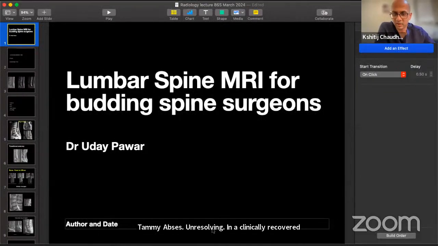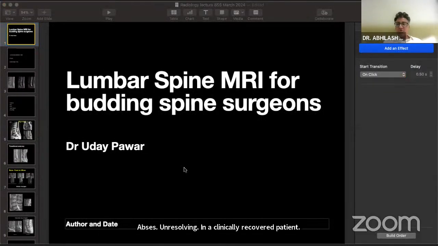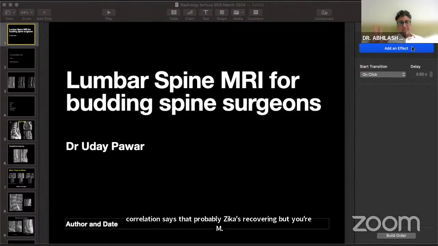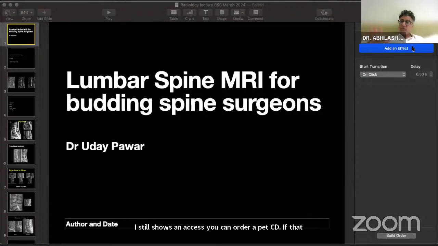Yeah, so when you see an abscess on the MRI, but your clinico-patho-radiological correlation says the patient is probably recovering, you can order a PET CT. If that abscess does not light up, you can be reasonably assured that the TB has completely resolved.